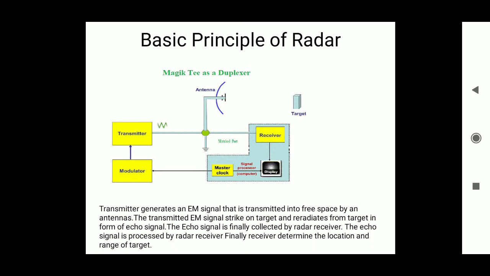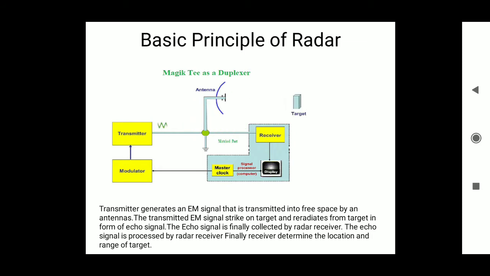A single antenna can work as both transmitting and receiving. The signal is transmitted from the antenna and received by the same antenna, and after receiving, the signal reaches the duplexer. This point represents the duplexer. A duplexer is basically a switch. At one time the signal can be transmitted, or a signal can be received.